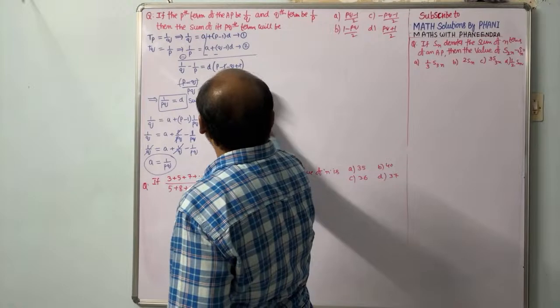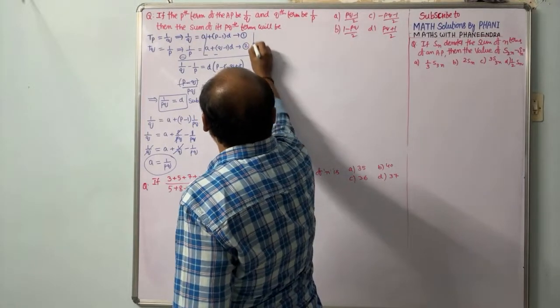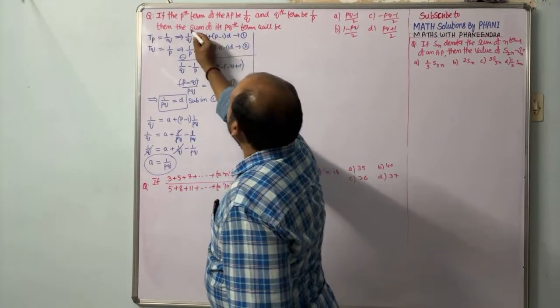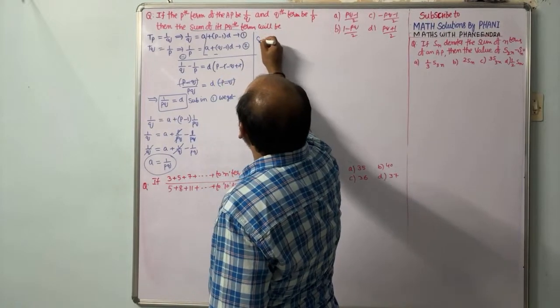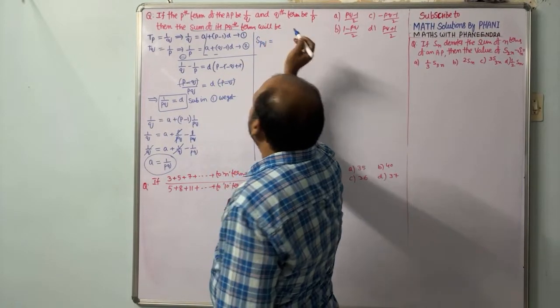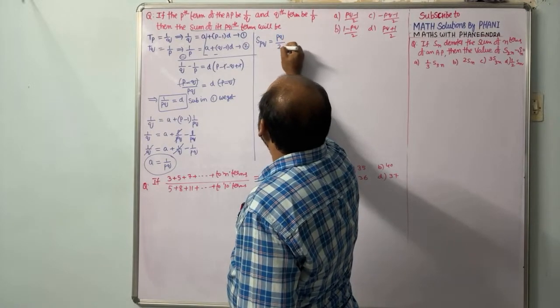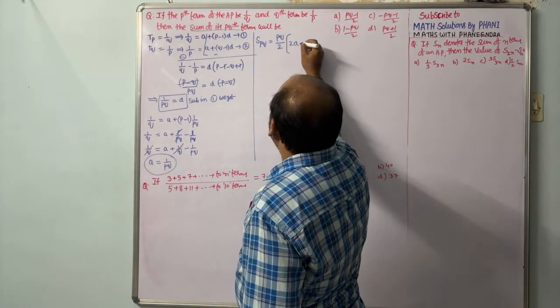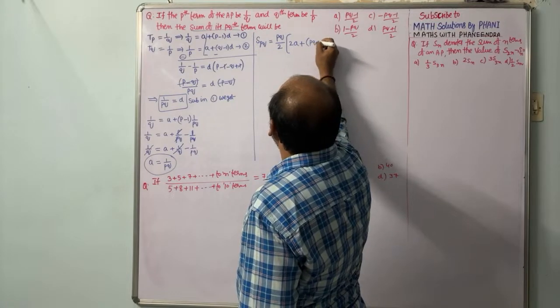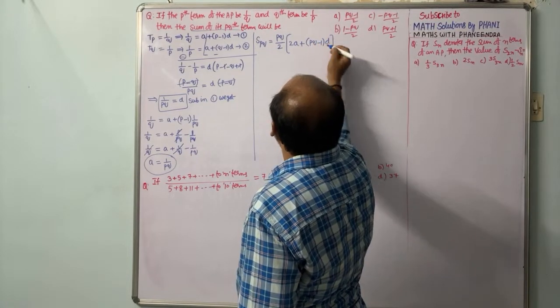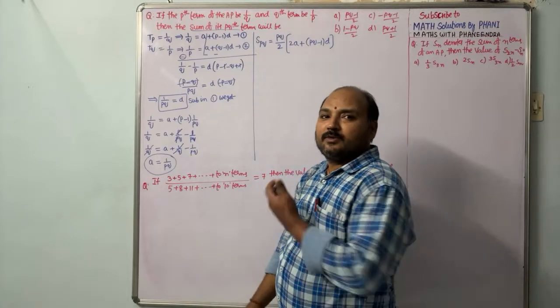Now they are asking to find the sum of its pq terms, Spq. So Spq means pq by 2 into (2a plus (pq minus 1) into d), that is 2a plus (n minus 1) into d.